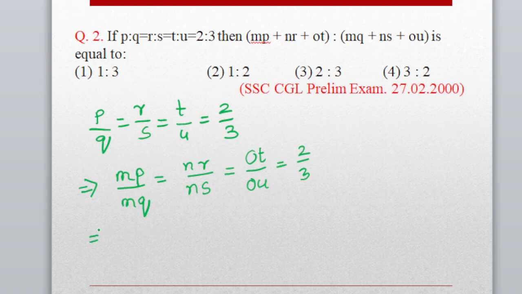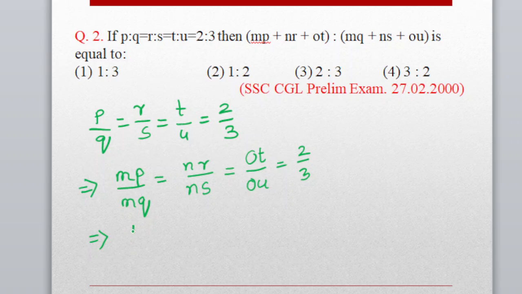That means if some ratios are equal, then the addition of their numerators divided by the addition of their denominators is also the same value.